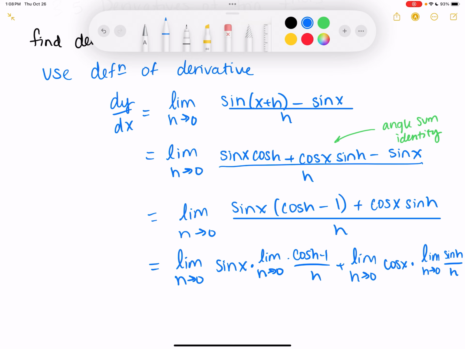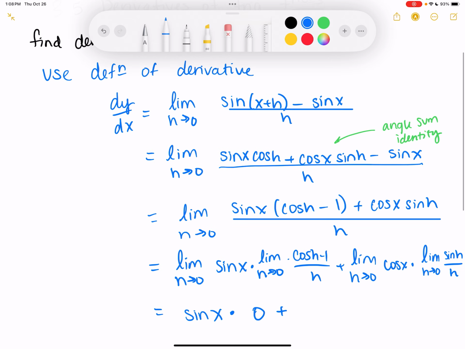So there's no h in this piece, so this is just left as sine of x times, if I have 0 here, this is one of those weird ones that actually ends up being equal to 0. That would be one of those things that you would just know, basically.